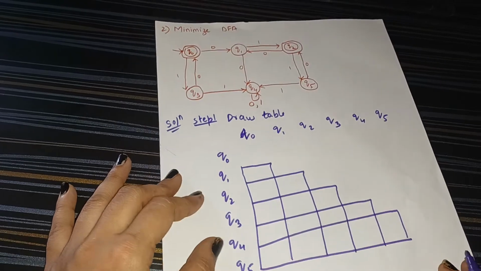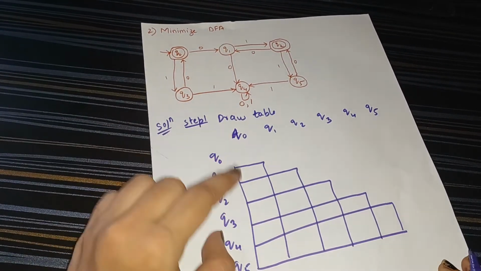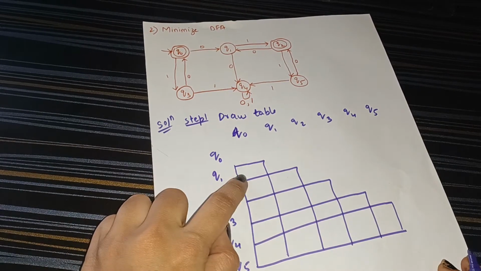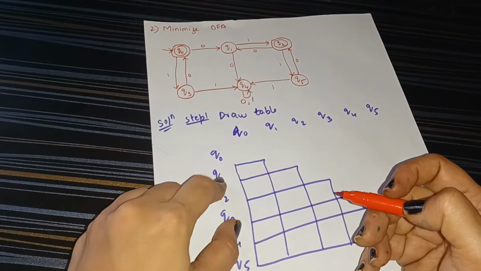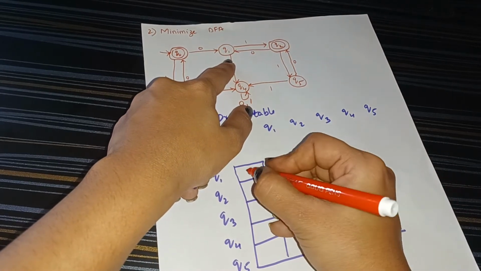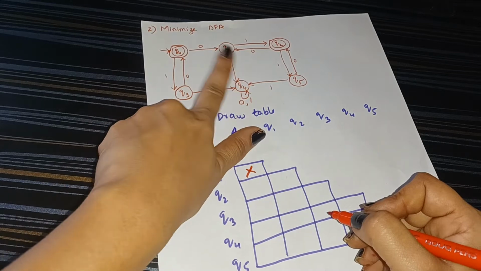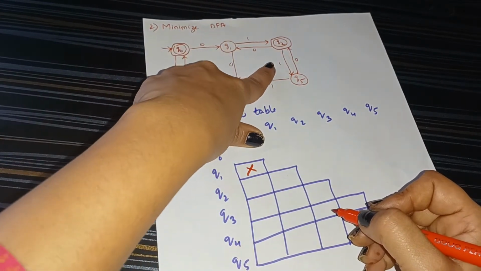Here we have to check the states. If any one of the states is final and one is non-final, we can mark. So Q1, Q0: Q0 is final state, Q1 is non-final state, we can mark. Q2, Q0: both are final states, we will not mark.